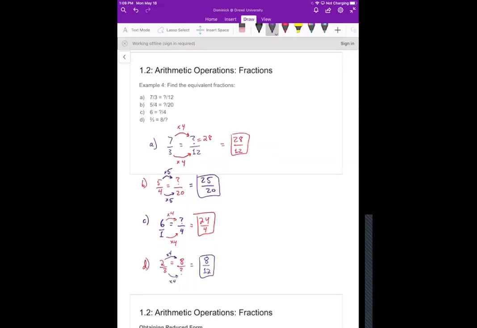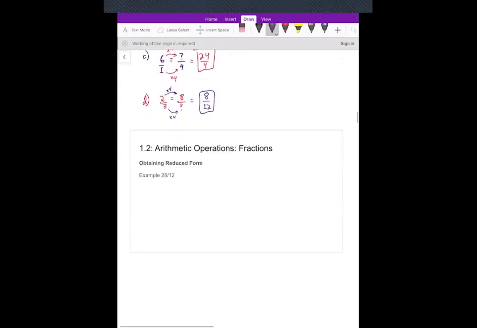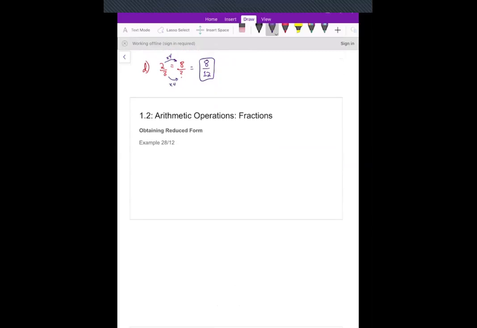All right, so the bottom line is that all of these give us equivalent fractions. Now, one thing that is really an important consequence of talking about these equivalent fractions is what's called reduced form. A fraction is in reduced form if you basically have the numbers on the top and the bottom as small as they can be while still being equivalent to the original fraction.